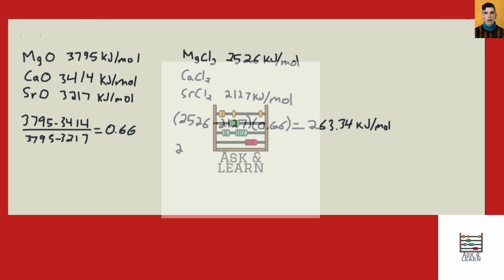So then we do 2526 minus 263.34. So that's going to be 1,262.66 kilojoules per mole for CaCl2.